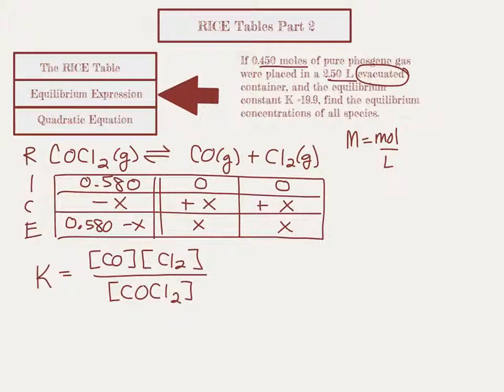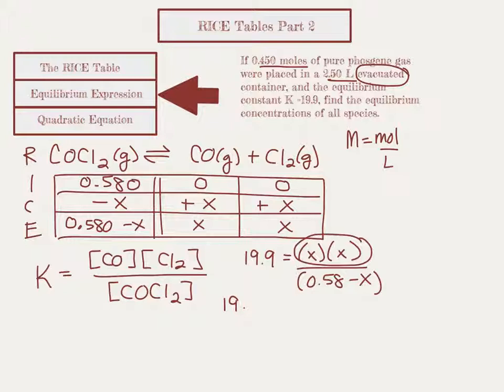Okay, our problem tells us that the K value is 19.9. And now we have expressions for our individual pieces at equilibrium. We can see that x times x is just going to be a plain old x squared. So I'll rewrite my expression so it looks a little bit more clean.